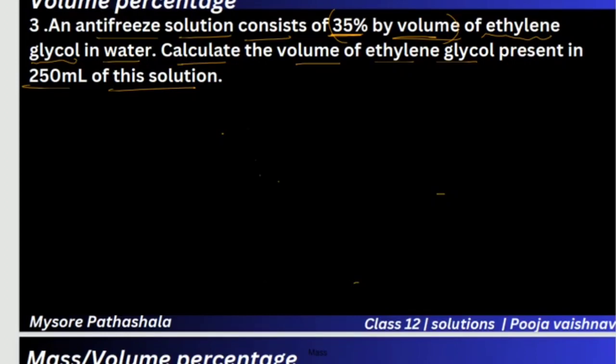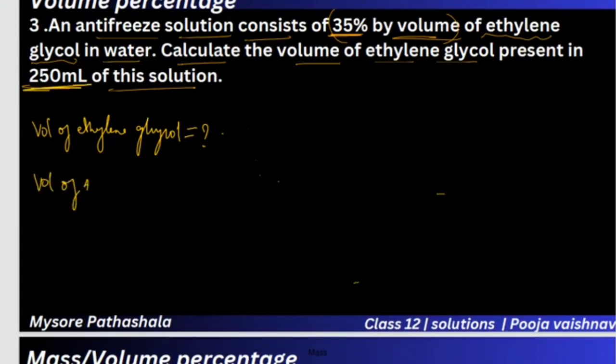So what do we need to find out? The volume of ethylene glycol. Present in 250 ml of the solution means the volume of solution is given, that is 250 ml.